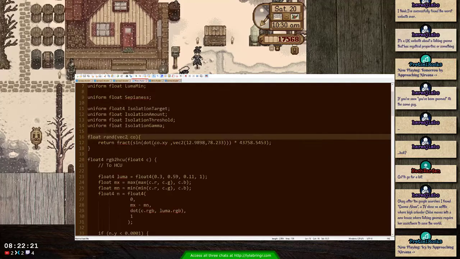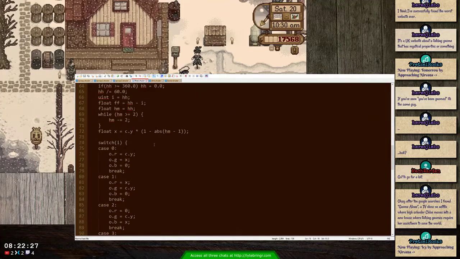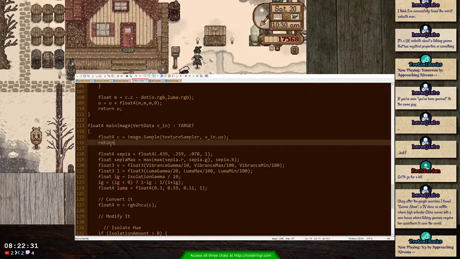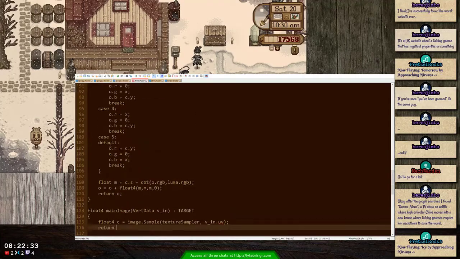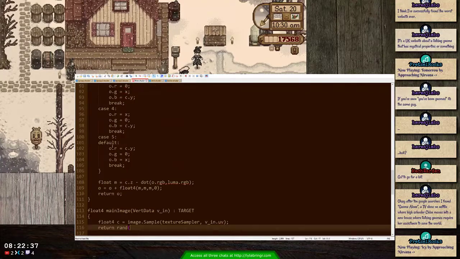Okay, so what we're gonna do, just to test this out, is return, what did they call it? Random or not? Rand of v sub in dot uv.